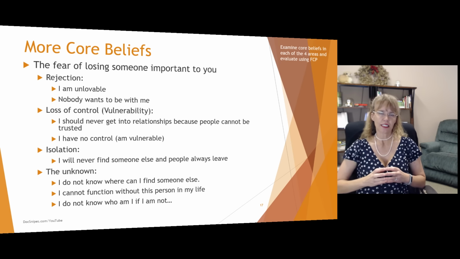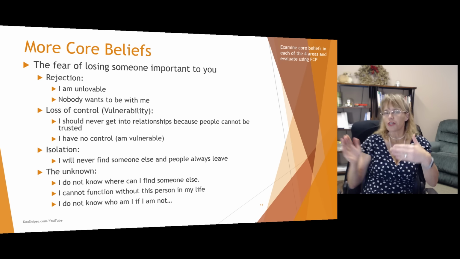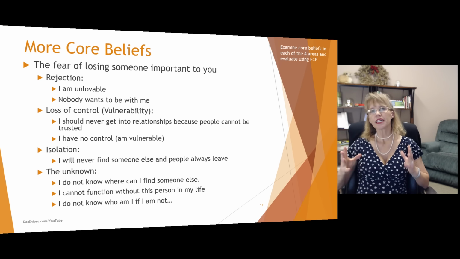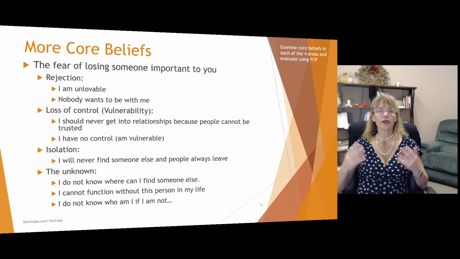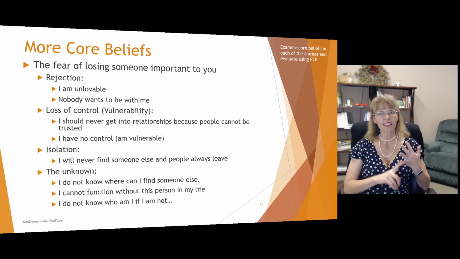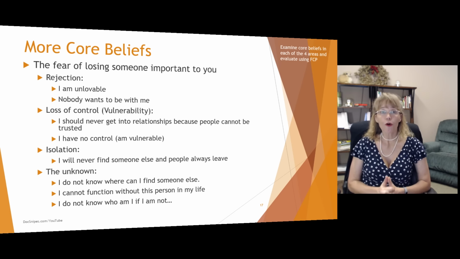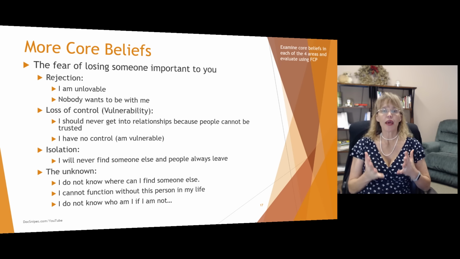Other core beliefs. And I know we're going through a lot of core beliefs, but sometimes it helps to approach it from slightly different angles because different things come out. So again, you're going to examine these core beliefs in each of these 4 areas using the facts, control, and probability method. When people fear losing someone that's important to them, they may fear rejection.